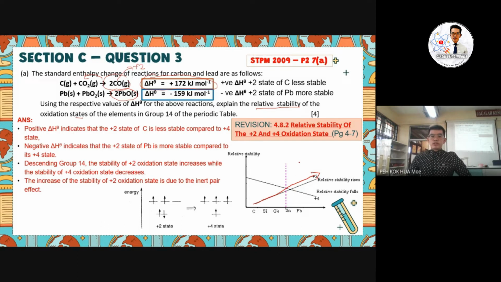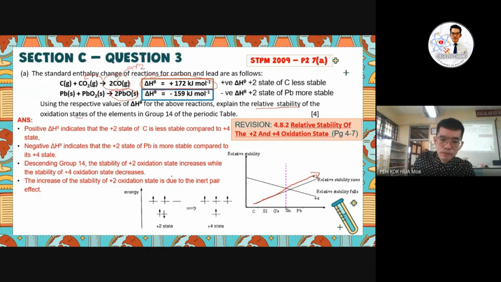Okay, so we have to discuss what happened and why this phenomenon occurs. So you have to relate that to the inert pair effect. As we know, lead has a bigger atom and consists of the 4f subshell. The electrons in the 4f orbital give an ineffective shielding effect.